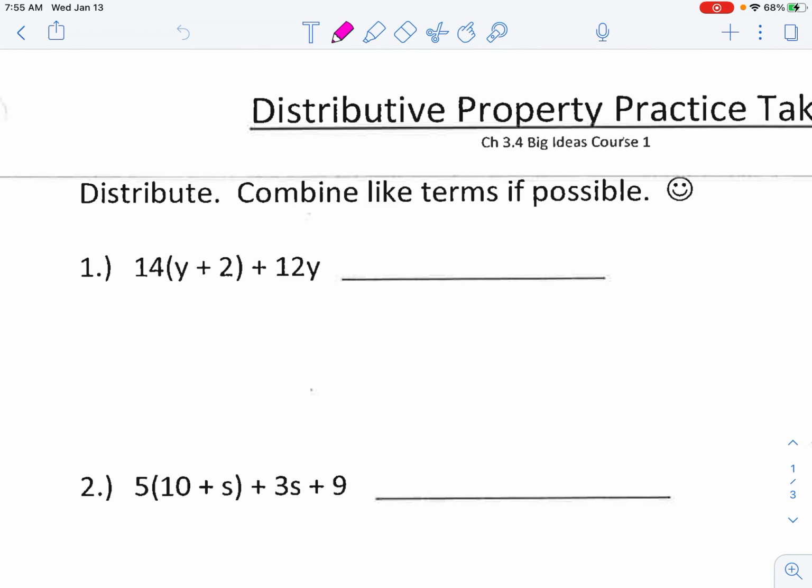All right, so remember this, number one is 14 times (y plus 2) plus 12y. So the first thing we need to do is distribute the 14 to the y. That means we're going to multiply 14 times y. And we're going to distribute the 14 to the 2. 14 times 2 is 28.